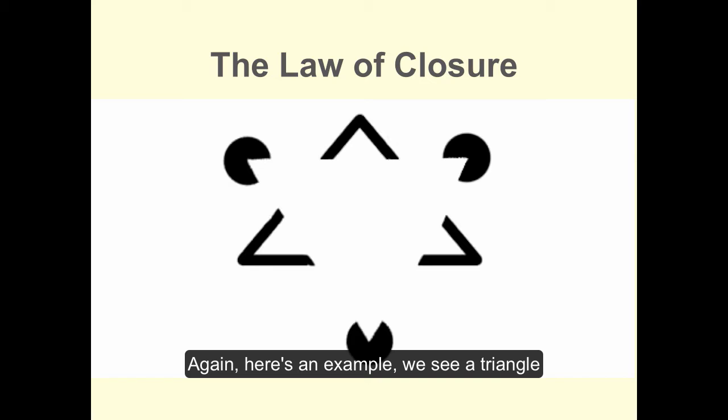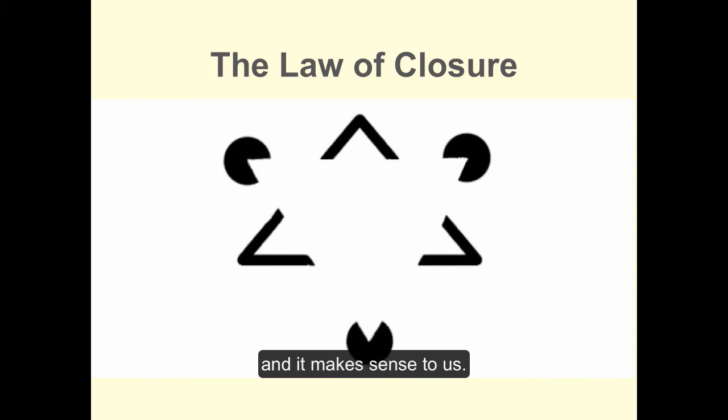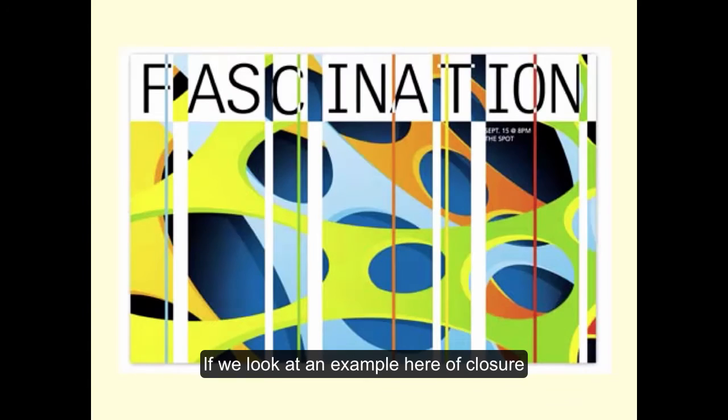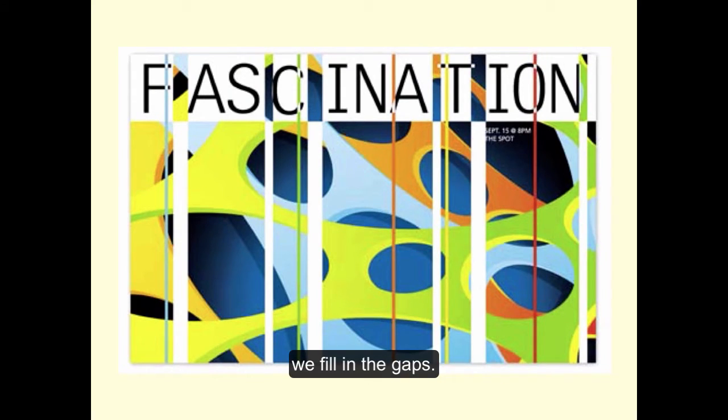Again, here's an example. We see a triangle in the middle because we're familiar with that shape and it makes sense to us. Now, if we look at an example here of closure, we fill in the gaps. We tend to overlook those white bars and we see it as one whole.